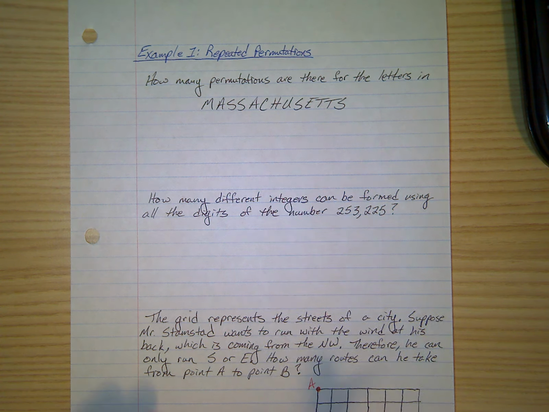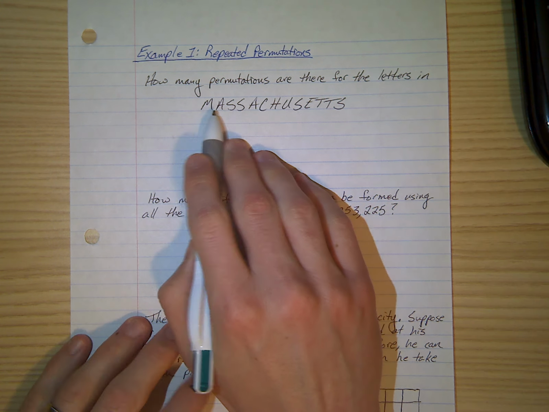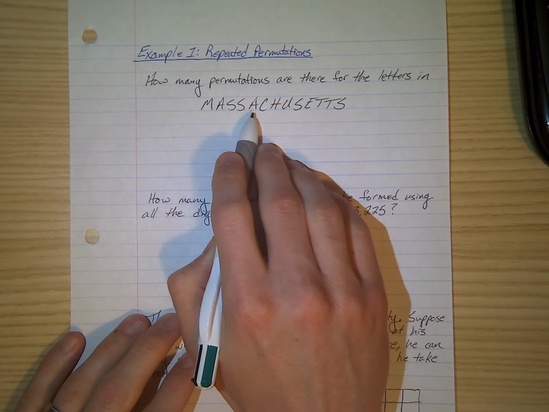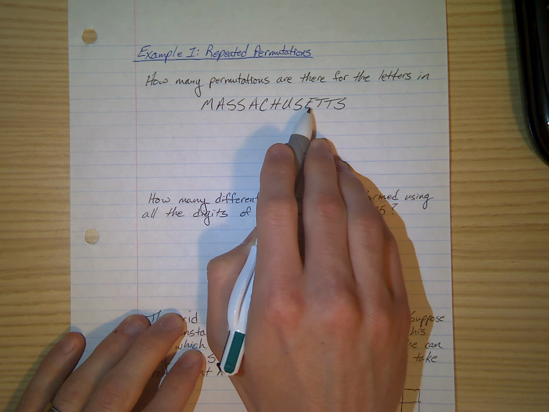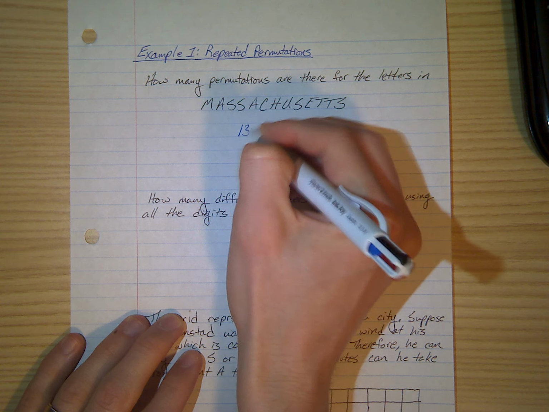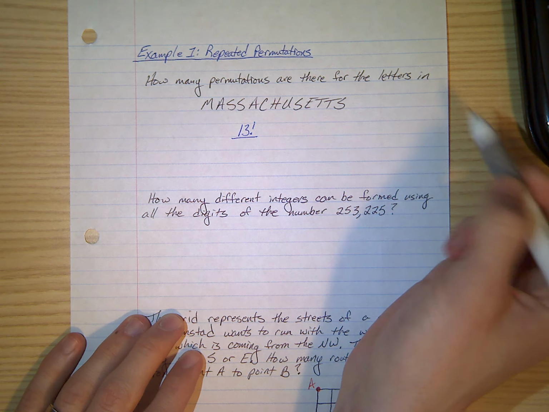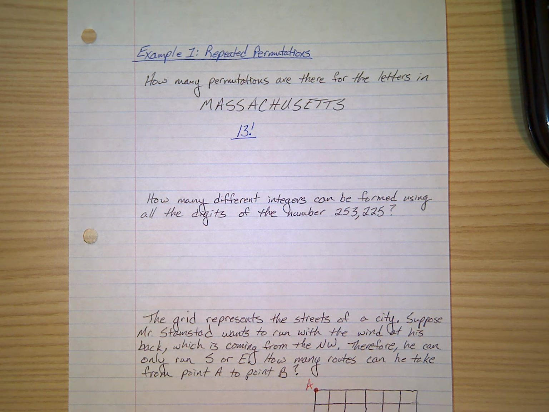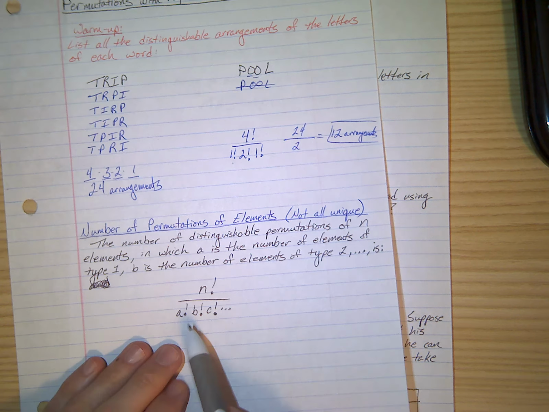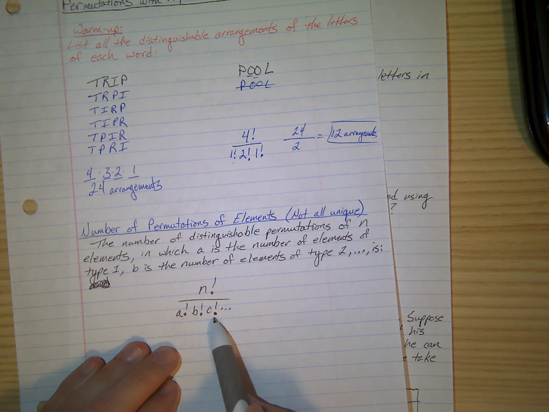So what does that look like in a bigger example? Well, if we look at the letters in the word Massachusetts, okay, you have what, 1, 2, 3, 4, 5, 6, 7, 8, 9, 10, 11, 12, 13 letters. So you start with the 13 factorial on the top. Now, before in the formula, it tells you to write all the elements of type 1 factorial, type 2 factorial, type 3 factorial.